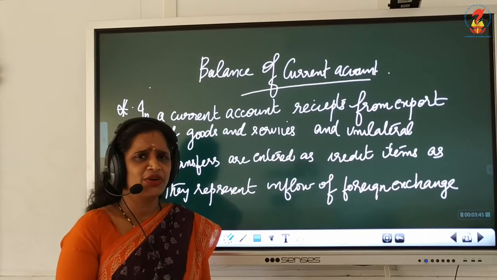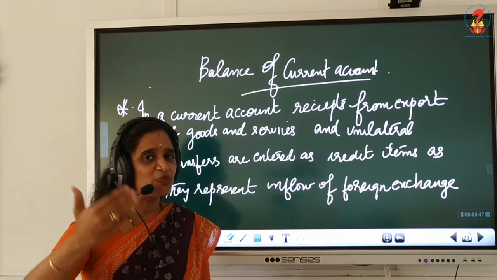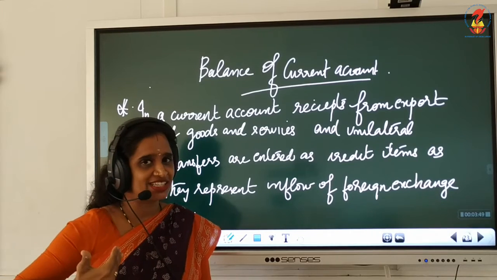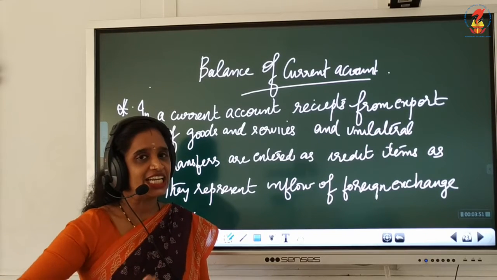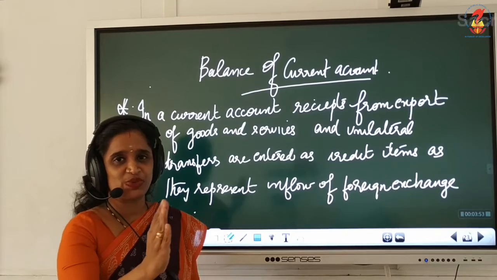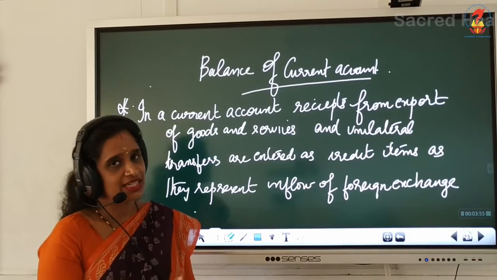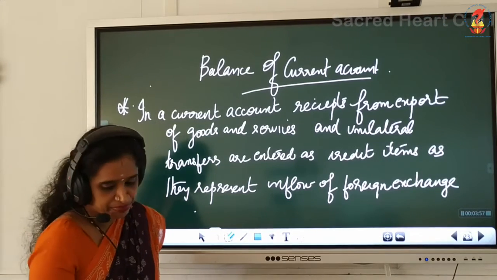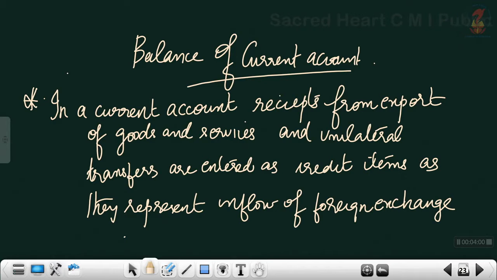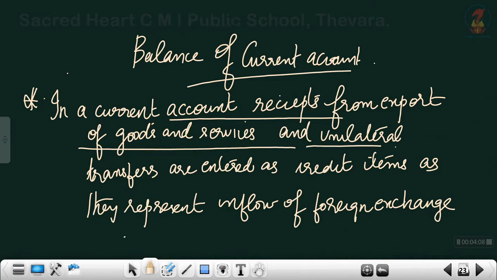Balance of current account is nothing other than whatever topics we have learned previously; we'll just recollect it and write it here. That is what I have already written for you. Just have a look at what I have written here. Balance of current account. In a current account, receipt from exports of goods and services and unilateral transfers.